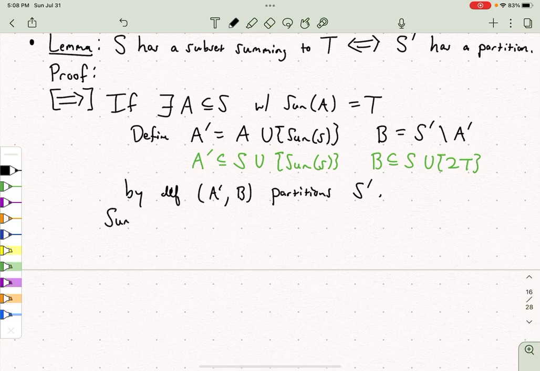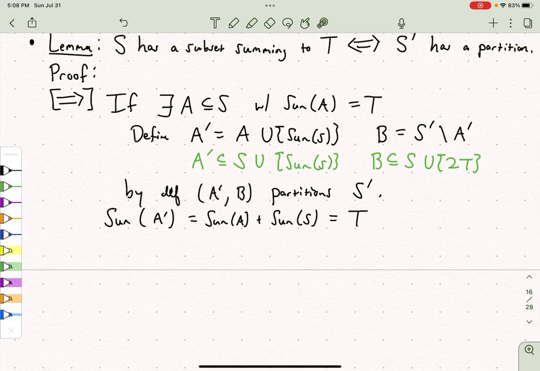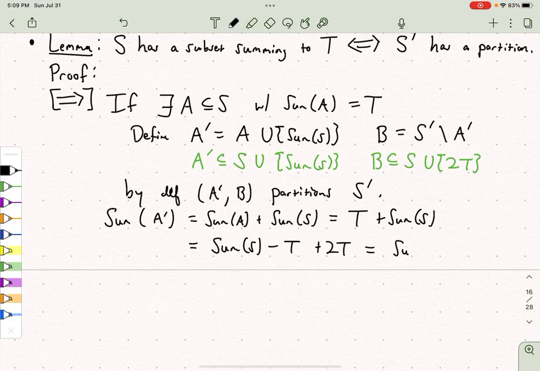Well, we know the sum of A prime is equal to the sum of A plus the sum of S, and that's equal to, by assumption, the sum of A is T, so that's T plus the sum of S. Now what's T plus the sum of S? Well, that's also equal to the sum of S minus T plus 2T, and that's equal to the sum of B.